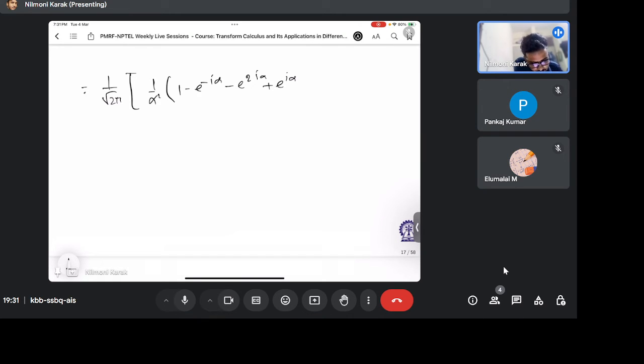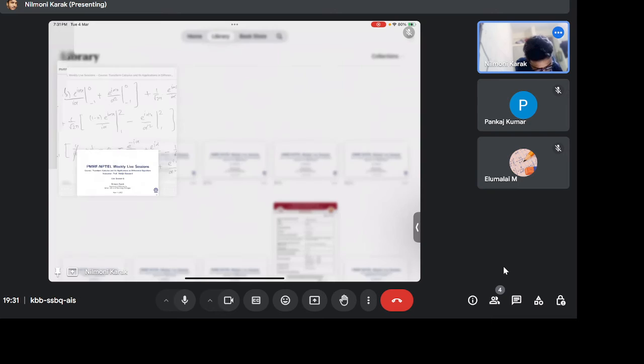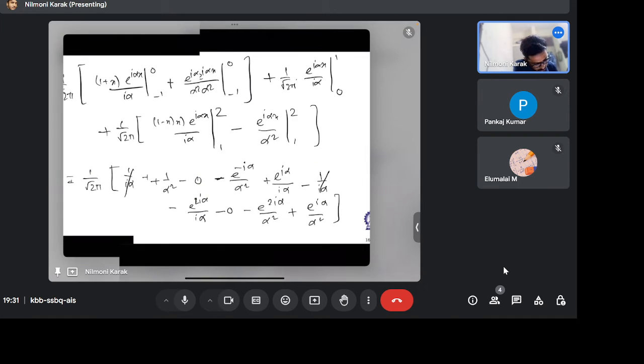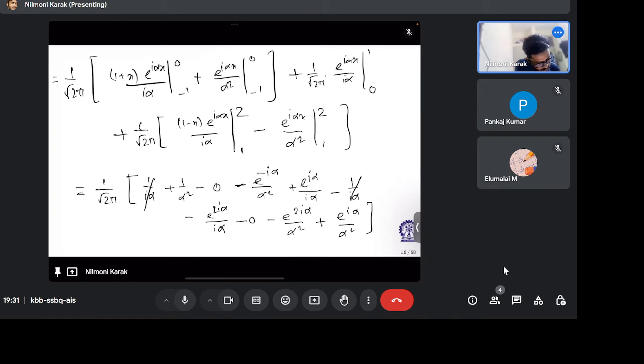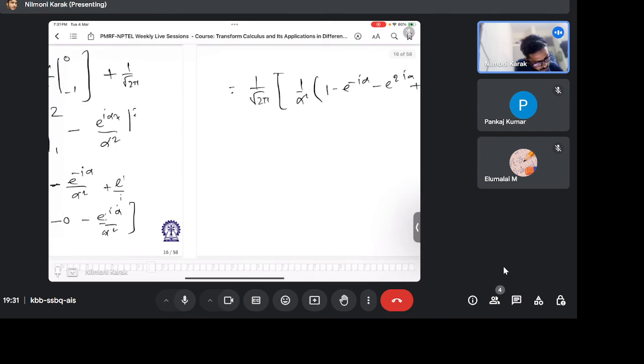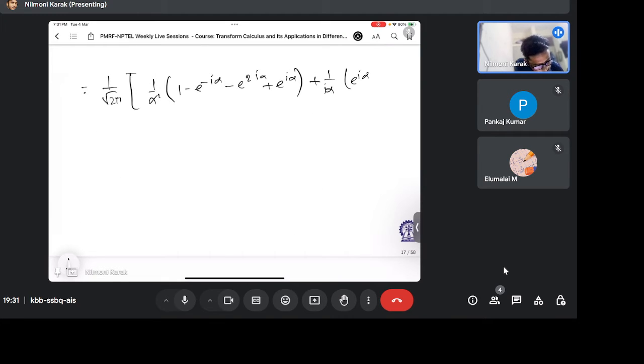e to the power i alpha plus 1 by alpha times e to the power i alpha. Why is it happening? e to the power i alpha minus e to the power 2i alpha.